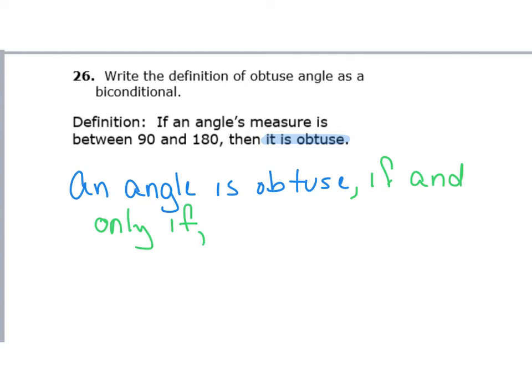And then we go to the hypothesis. My hypothesis: an angle's measure is between 90 and 180.